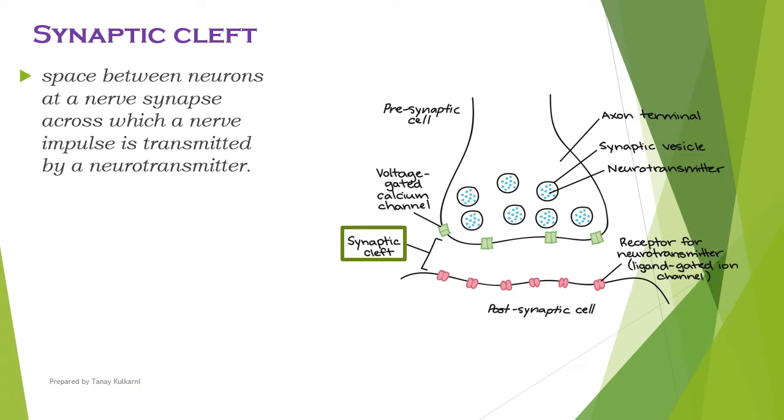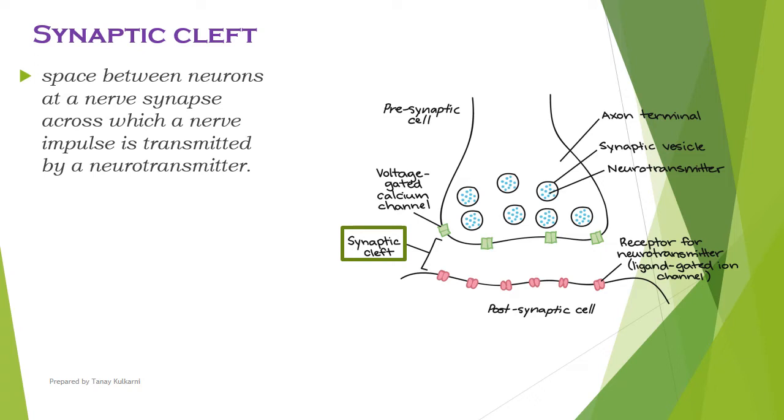The neuron ending coming from the upward side is called the presynaptic cell, and the neuron which will receive this impulse is called the postsynaptic cell. So this minor gap, actually in nanometer size, is called the synaptic cleft.